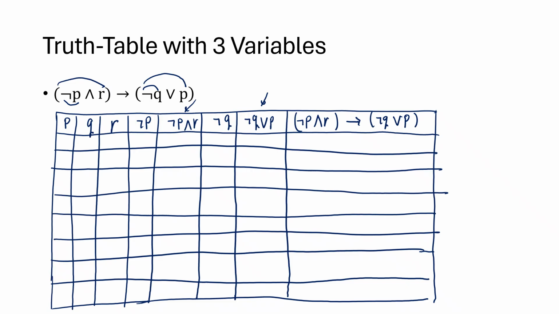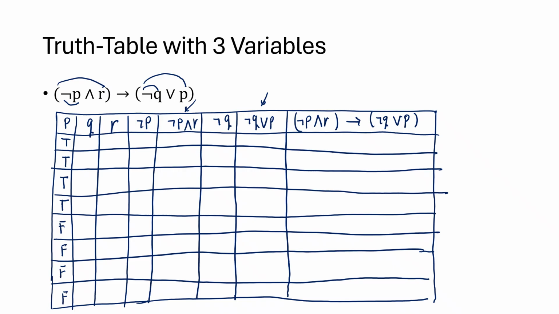We start with the variables, of course. So we have 8 rows representing 8 possible situations. If you remember, the method was for the first variable, we divide the rows into 2 halves. The first half, which is 4 trues, and then 4 falses. So half and half for the first variable.